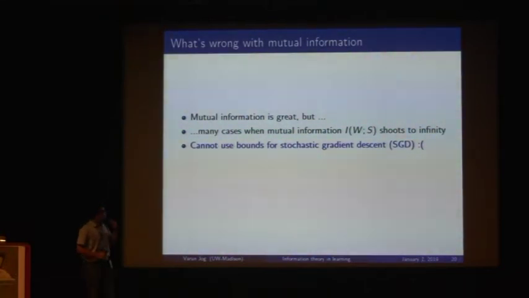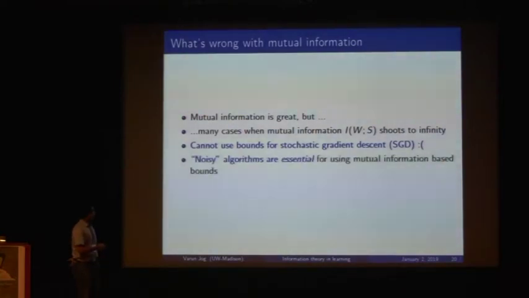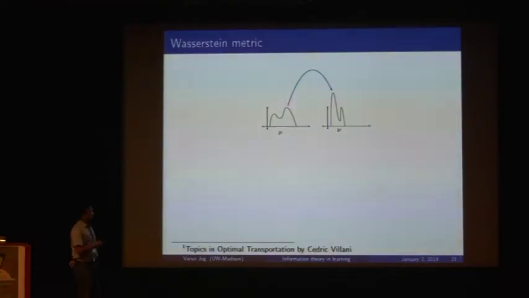The point of this argument is that we would like to use mutual information, but there are many very simple, not very pathological cases where mutual information just becomes infinite and we cannot use this bound. So the reason why you're taking SGLD kind of algorithms where you're adding noise is actually essential for this bound to even work, because if you're not adding noise, then you get infinite mutual information and you're kind of in trouble. So that's why we decided to use something other than mutual information.